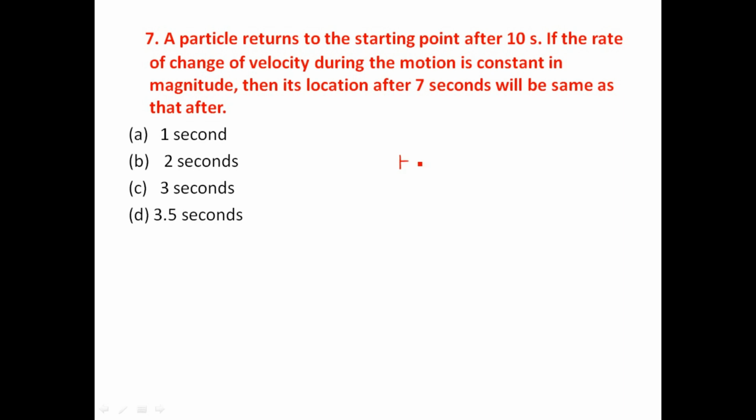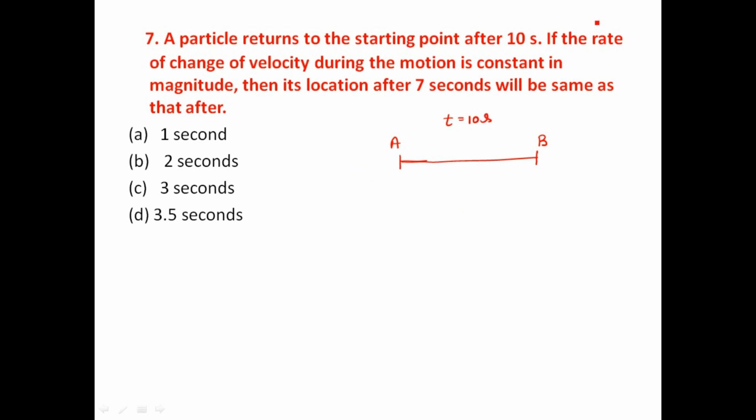For a better understanding, let us say this is the initial position A and the object has started moving, reached the point B, say, and it took 10 seconds to go from A to B and to move from B to A. How much time did it take? It took 10 seconds for its entire journey.